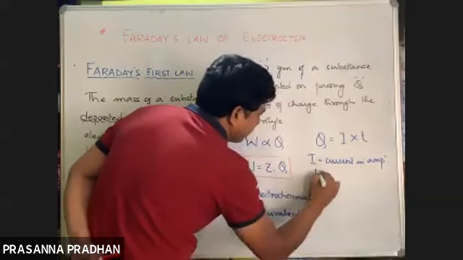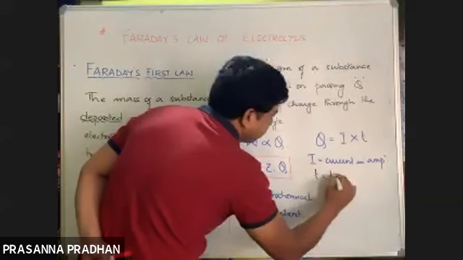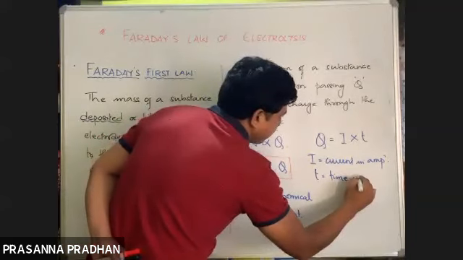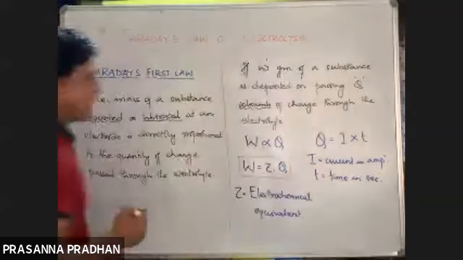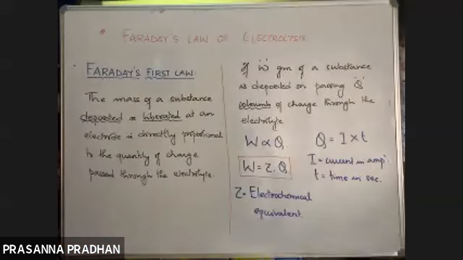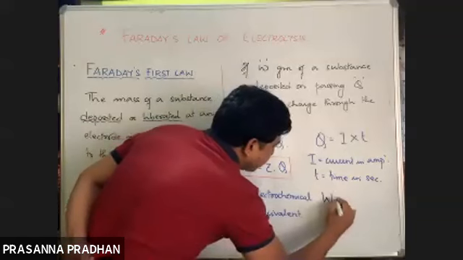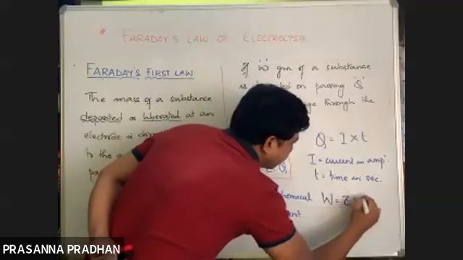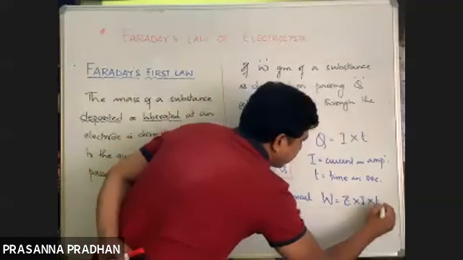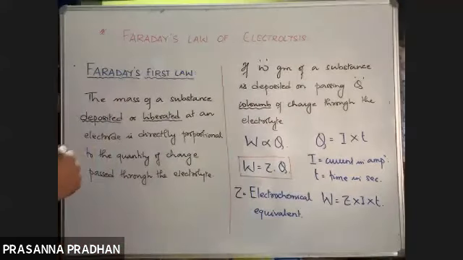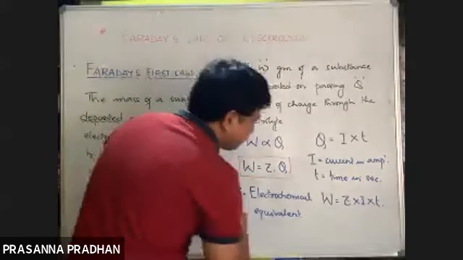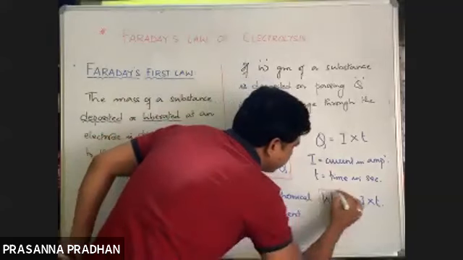And remember, T is your time in second. If I just substitute the value of Q out here, I'll be getting W equals to Z into I into T. So what have I done? I've substituted the value of Q.